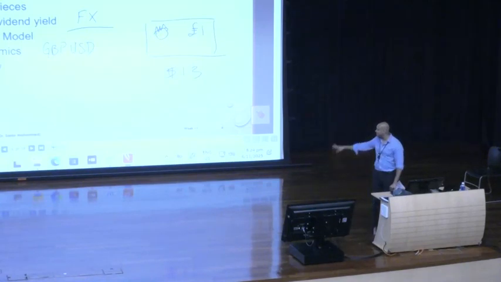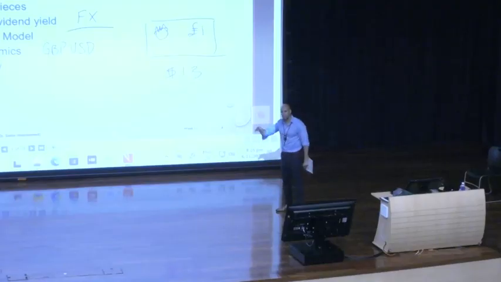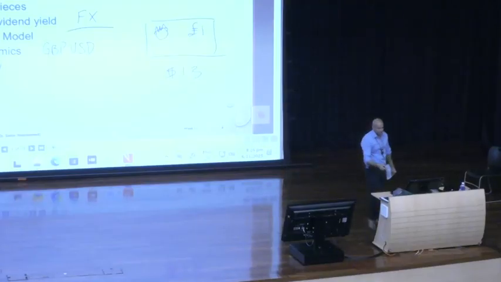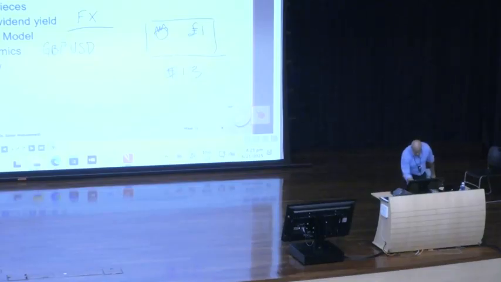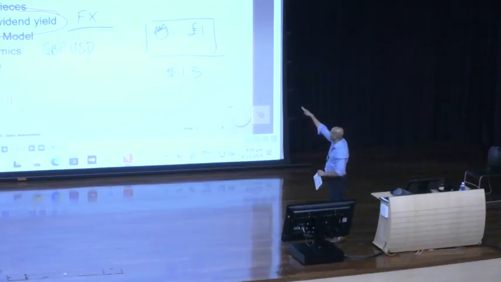So that's why it's exactly the same problem. It's an asset that pays a continuous dividend yield, where the continuous dividend yield is the foreign interest rate. Okay, so that's the important part. This thing is just the foreign interest rate. We still have a domestic interest rate. We still have a dollar money market account, right? Same as we did with S.